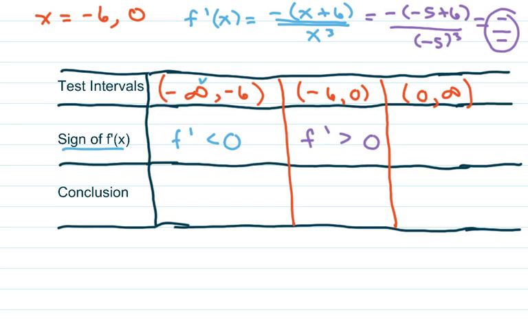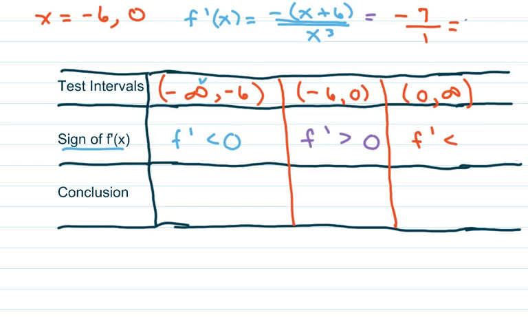And then for this one, if you plug in a number bigger than 0, so let's plug in 1, you're going to get, say, negative 7 over a positive number. So this is going to be back to negative. And basically we have decreasing, increasing, decreasing.